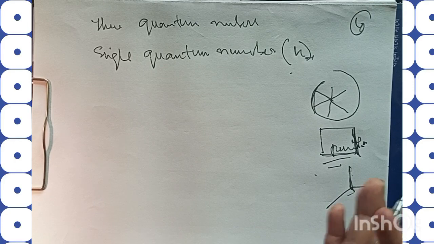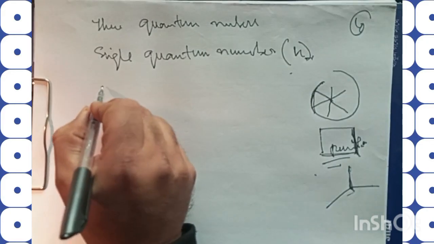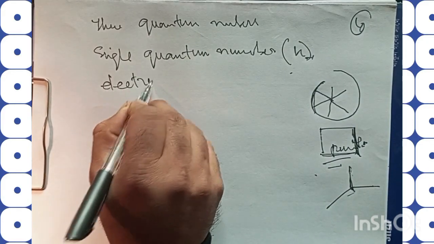And if we go into the problem of the hydrogen atom, the electron's motion is basically restricted by the electric field of the nucleus.